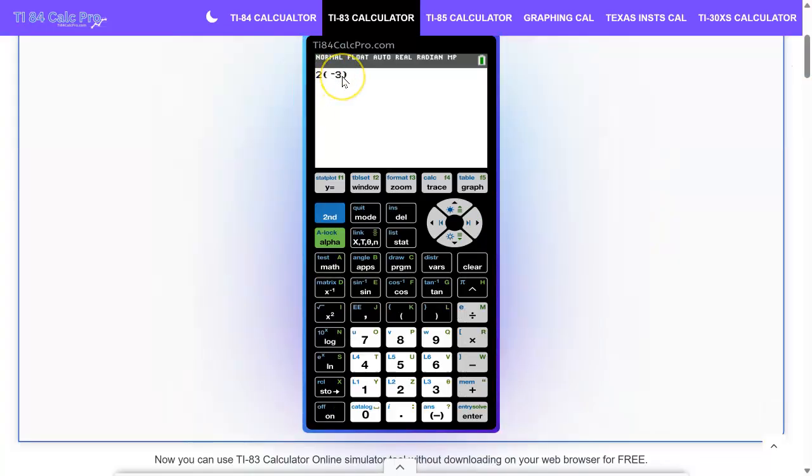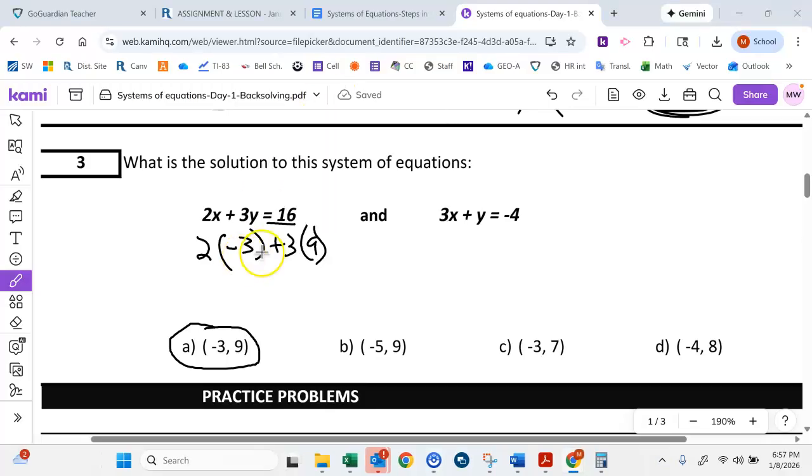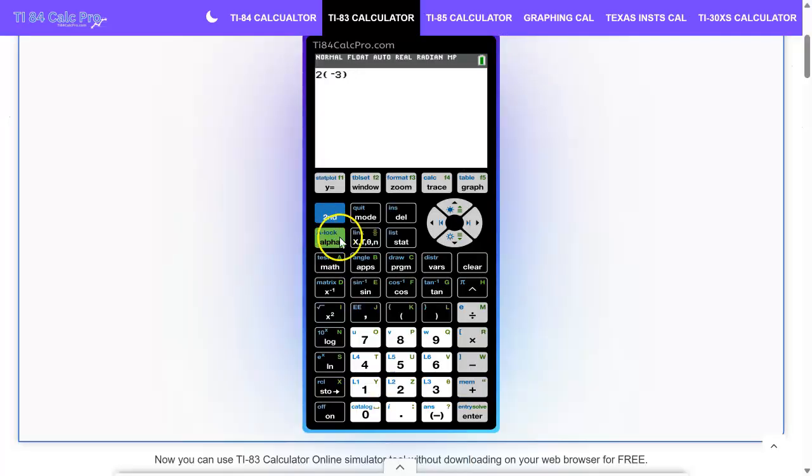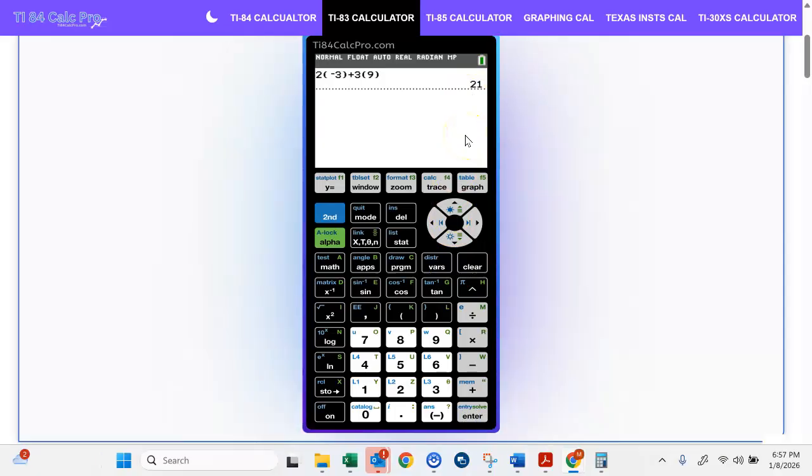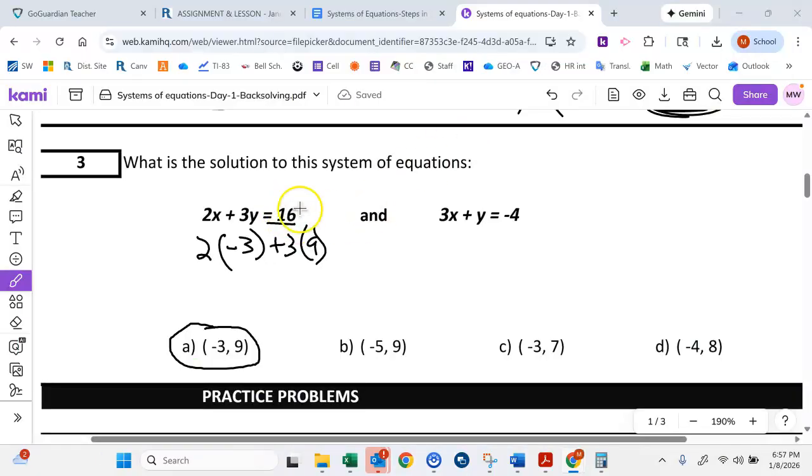So 2 times negative 3, and then plus 3 times 9. Plus 3 parenthesis 9 parenthesis, and I get 21, but this should be 16. So that tells me negative 3 and 9 do not work here.